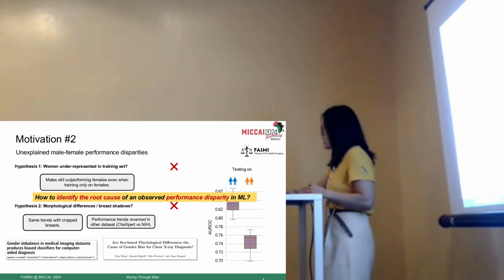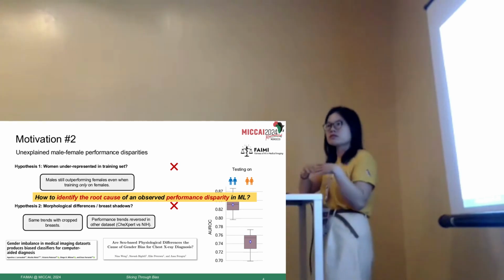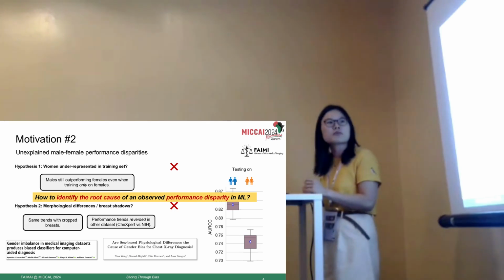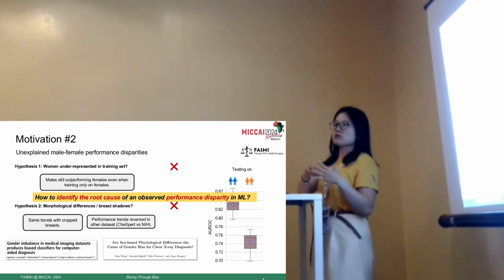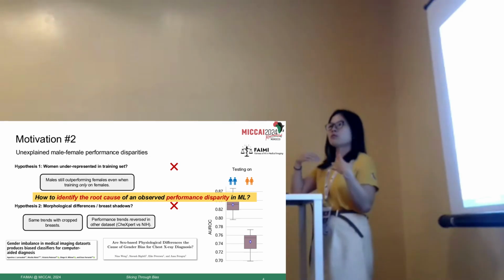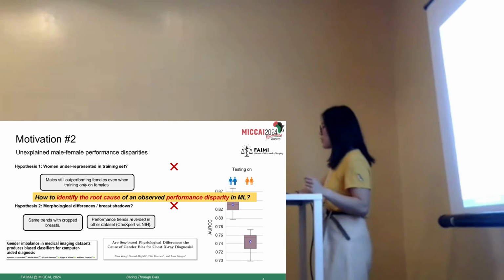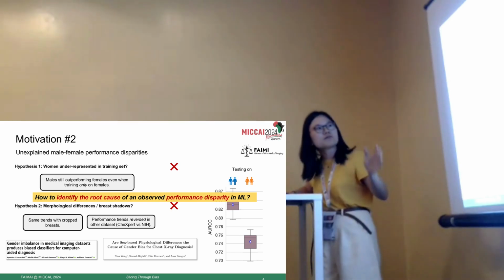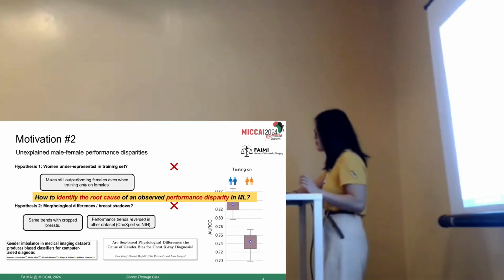But when we crop the second half of the image, so that it ideally shouldn't contain breast tissue, the performance of course reduces for all cases as part of the information is lost, but the trend still exists: men still outperform women. This testing was done by the paper presented in last year's FAIMI.